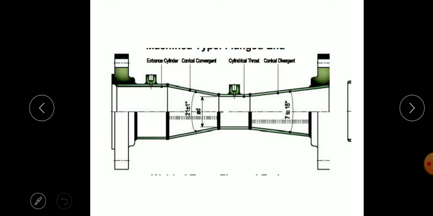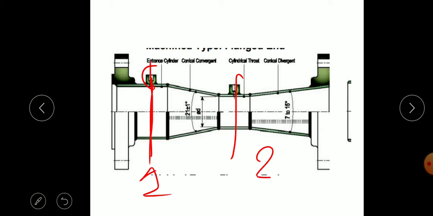We know here different pressure gauges are provided. This one is taken as the inlet section. Here pressure is recorded at section 1 and at section 2. Pressure can be recorded by piezometers, which may be attached and indicate the head of the flowing fluid, or sometimes at sections 1 and 2 a differential manometer is connected.